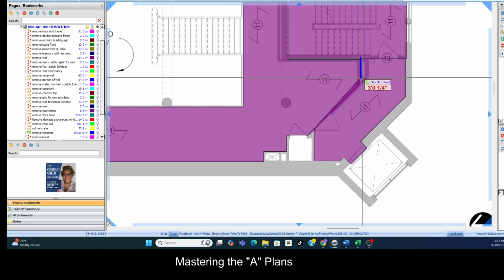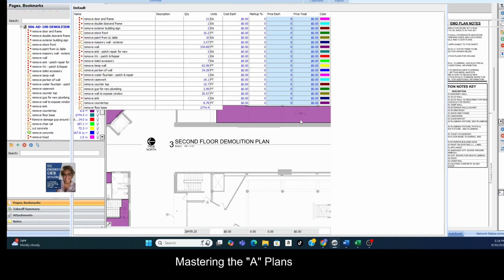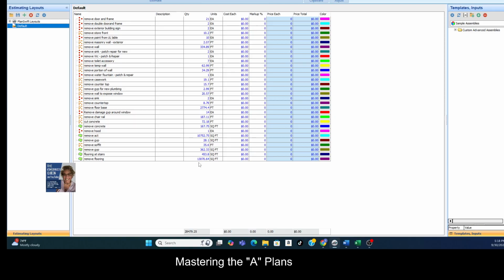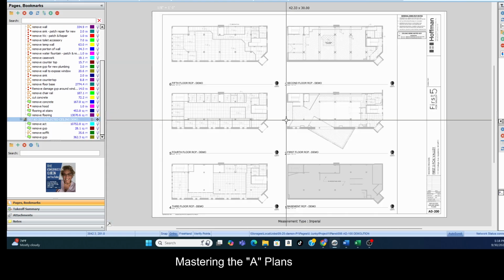Let's just finish it out. There we go. All right. So we have to change that number to remove flooring now is 13070 or 13071. So we'll change that and let's go back and now do the ceiling plan.